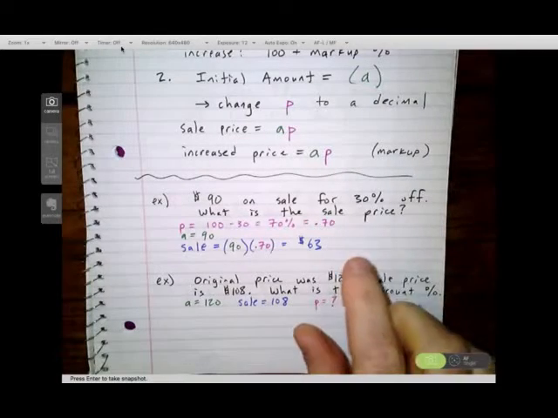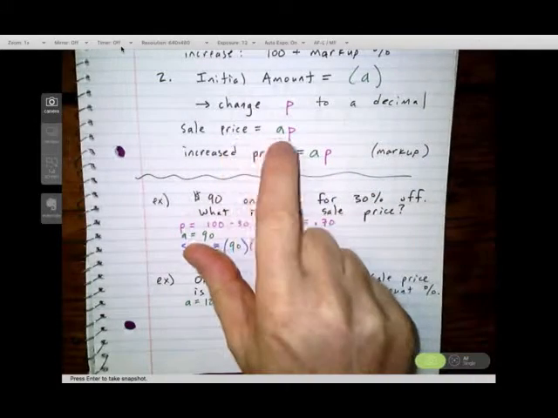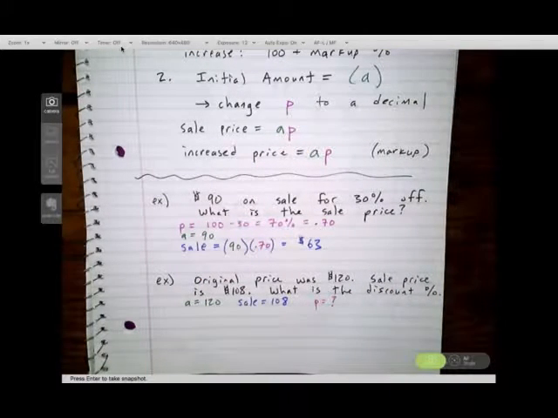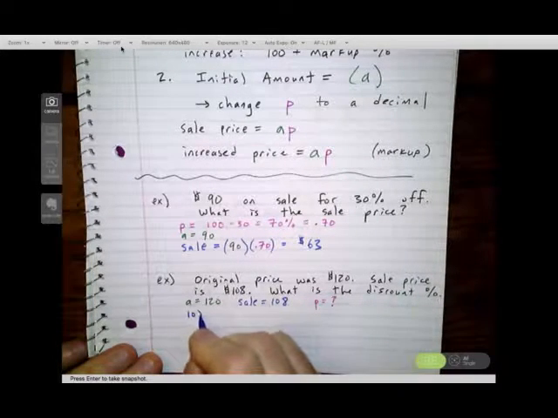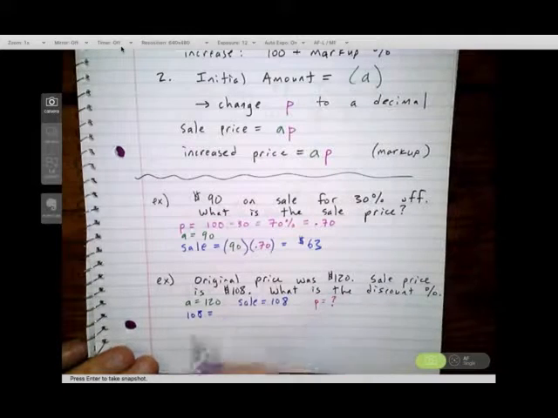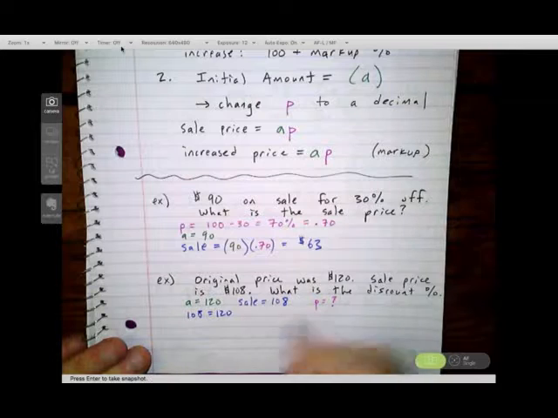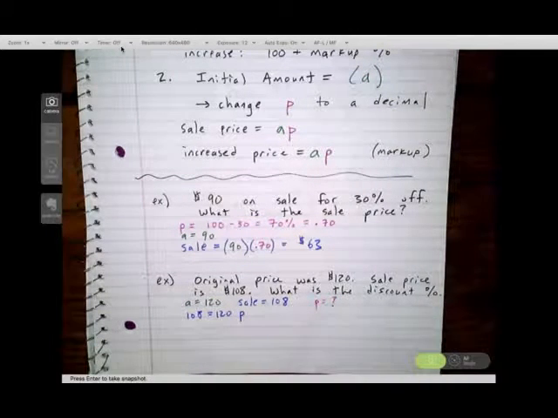Okay, so again we can use our formulas here. Sale price is the initial amount times the percent of the original. So we get 108 equals 120 times P. We actually are going to solve for P, and then we got one more step, that's to find the discount percentage.